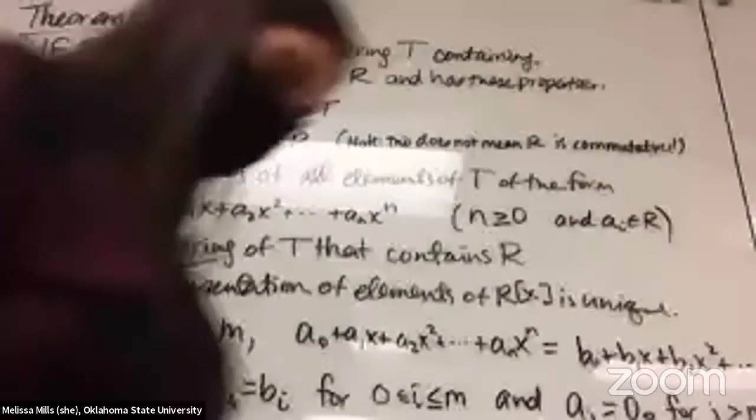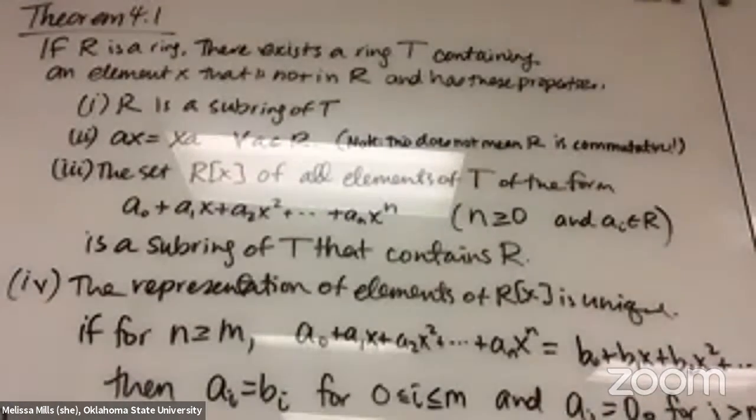So other questions about polynomial rings that are coming up? We're going to talk a little bit more on Friday about degrees of polynomials, and when you multiply polynomials together, what happens to the degrees. We'll also talk about, if we know properties about the coefficient ring, what carries over into the polynomial ring.